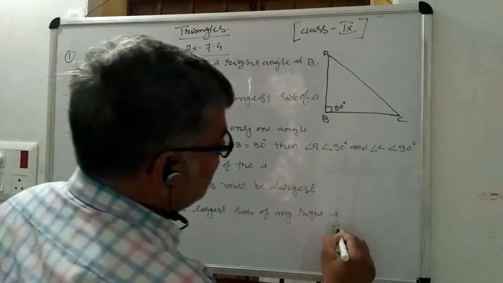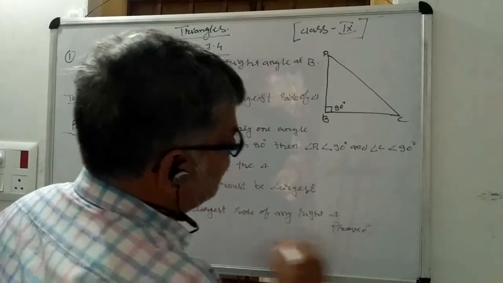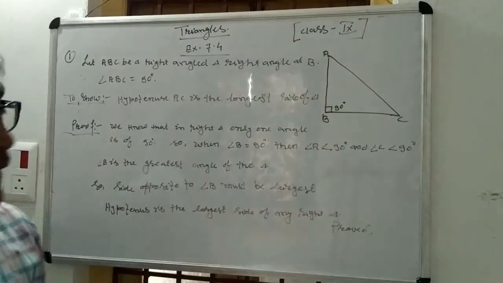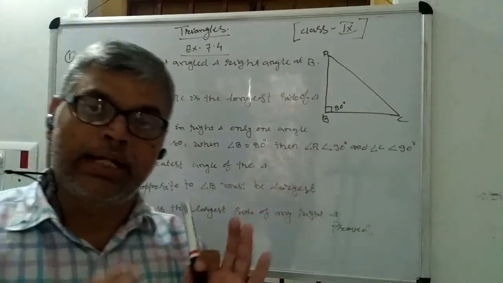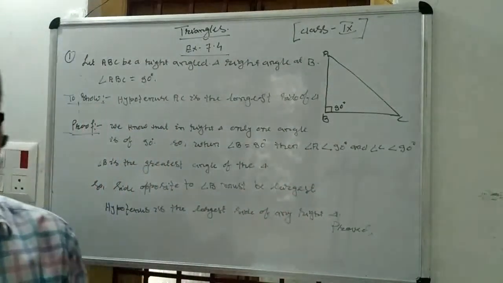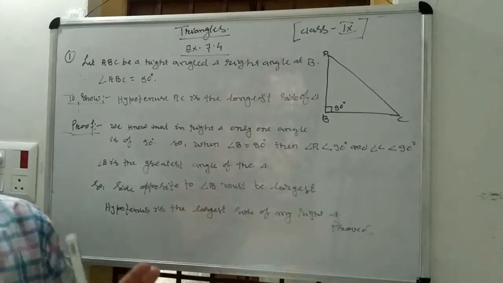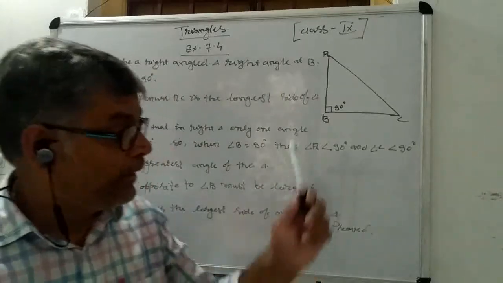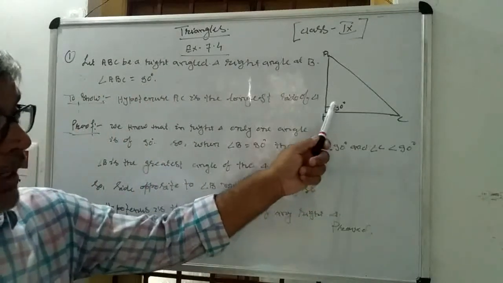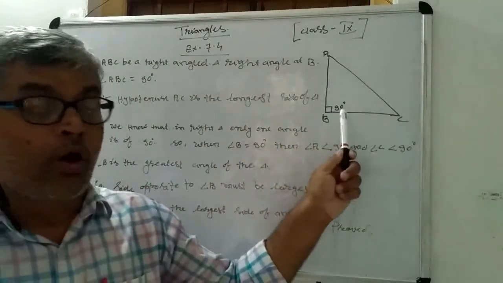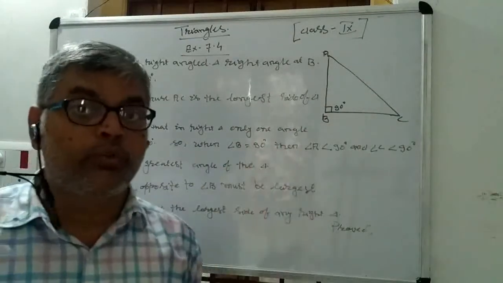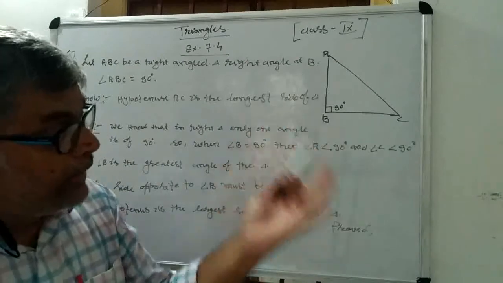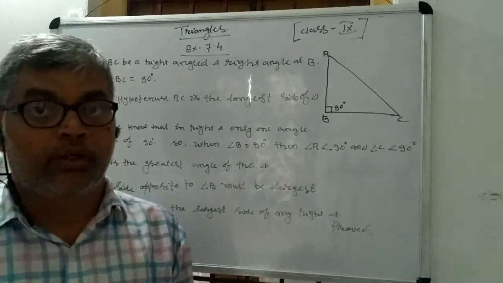So in this way it is proved. First we have proved that angle B is the largest angle of this right triangle ABC. And when this angle becomes the largest angle of the triangle, then the side opposite to it automatically becomes the largest side.